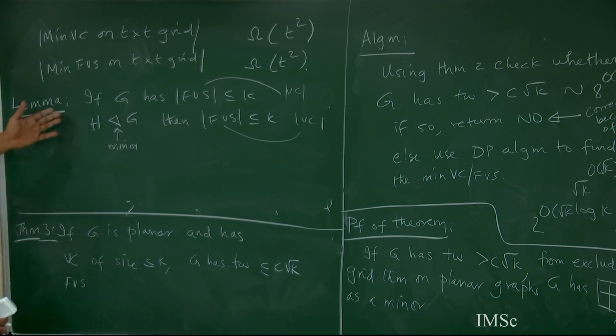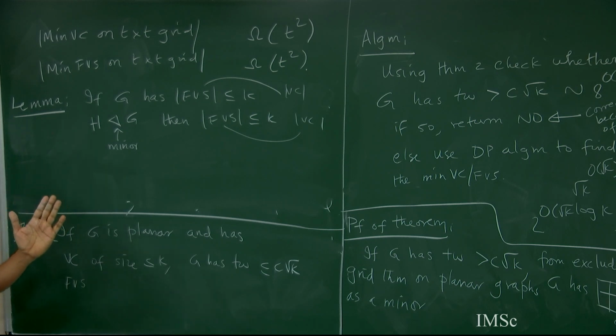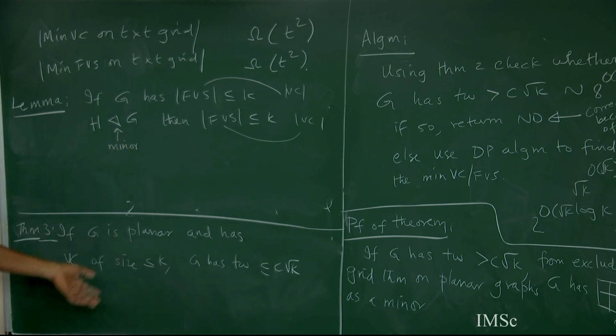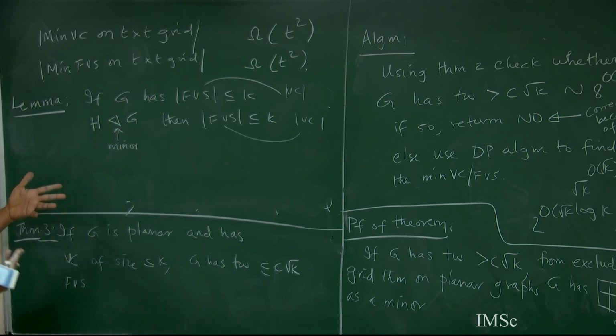Now you can see that this is actually a general machinery, right? What did we need? Whatever the parameter you are thinking of, if it is large on a grid and you have a dynamic programming on bounded tree width, you can put them together and get some sort of a sub exponential time FPT outcome.